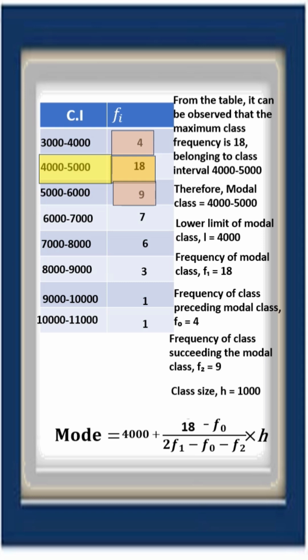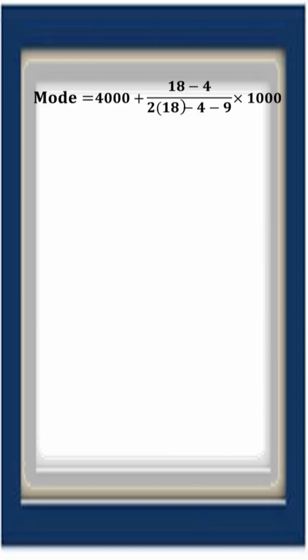Now let us substitute the values. L is 4000, F1 is 18, F0 is 4, 2 into 18, F0 is 4, F2 is 9, into 1000. Now let us solve it.